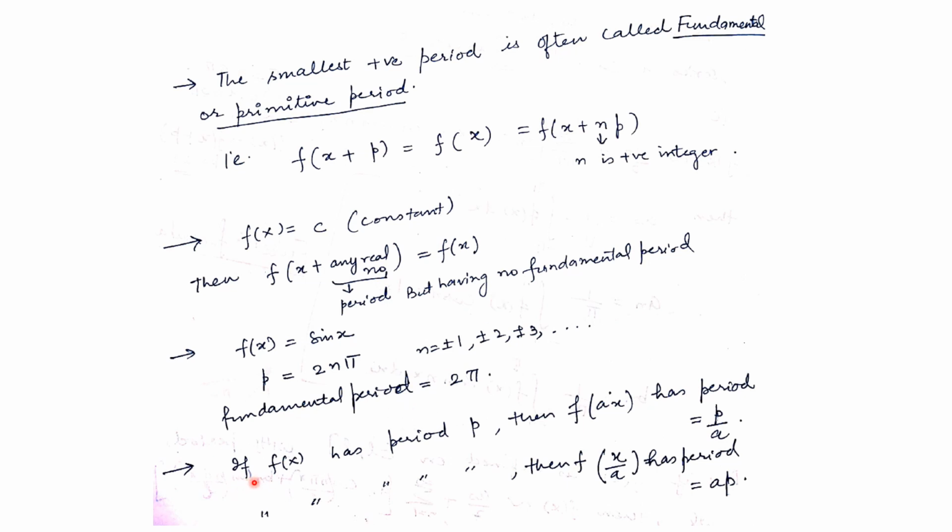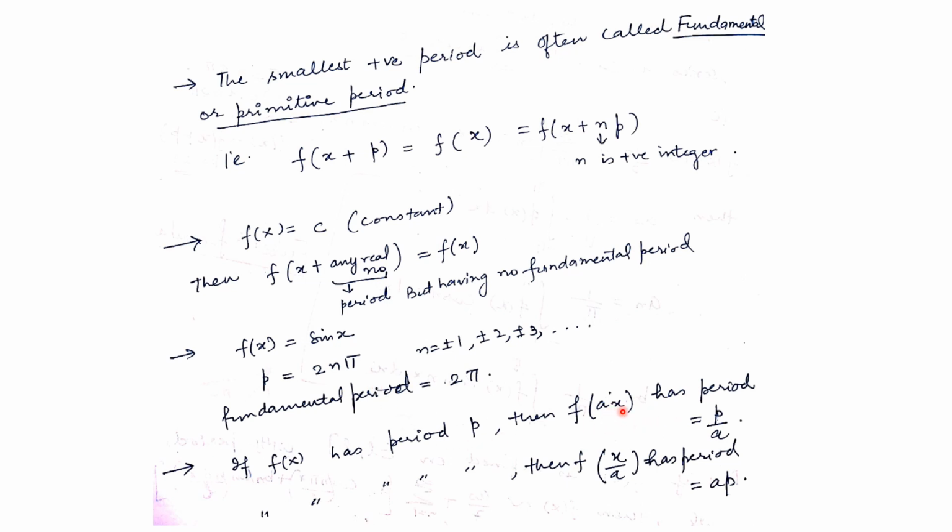Now, if f of x has period p, then f of ax has period p by a. For example, if we consider f of x to be sin 2x, then the primitive period in this case will be pi, right?